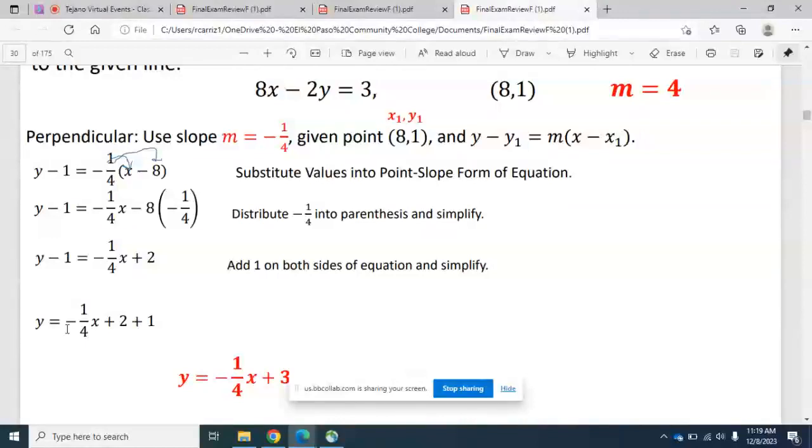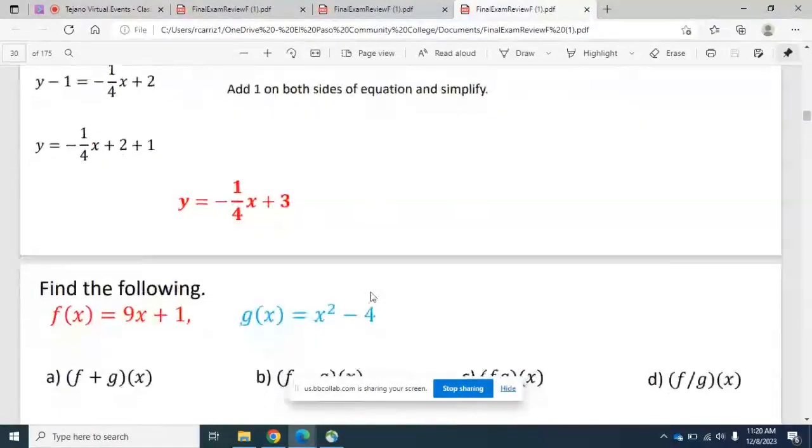So this is going to give me y is equal to negative 1/4 x plus 2 plus 1. And when I simplify, 2 plus 1 is 3. So I now have my equation that is perpendicular to the given equation, because what made it perpendicular was my opposite slope, this negative 1/4. Okay. All right.